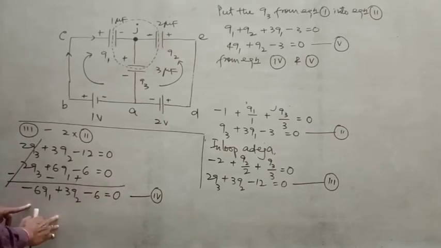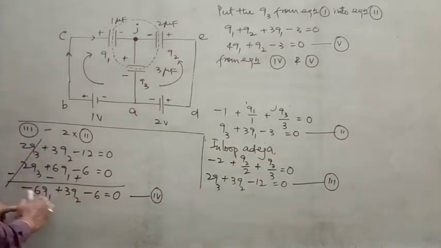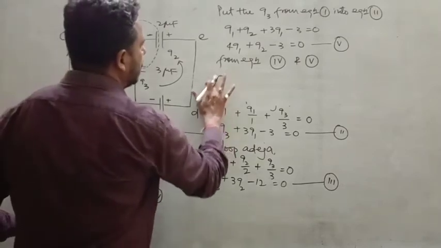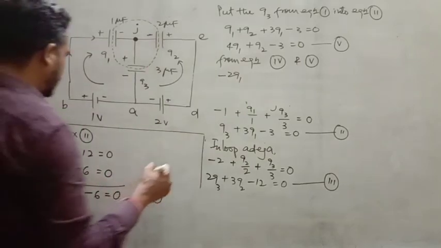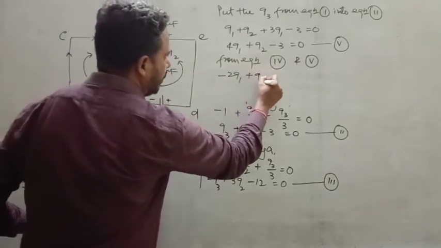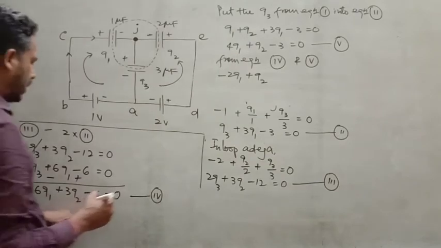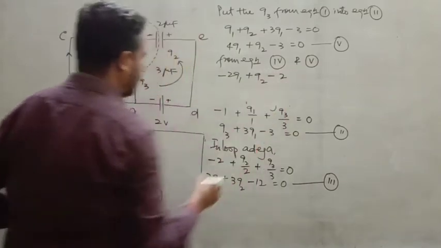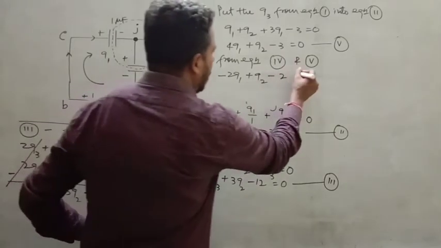Equation 4, after taking 3 common outside, is minus 2q1 plus q2 minus 2, because we have taken 3 outside, and this is equal to 0.